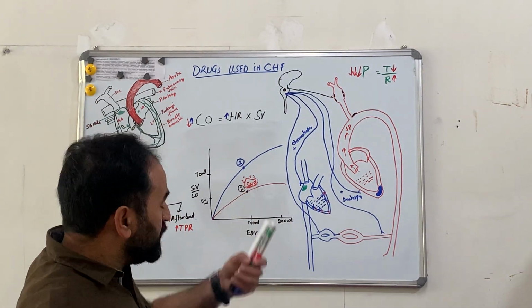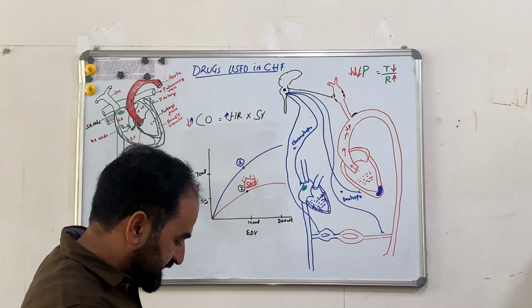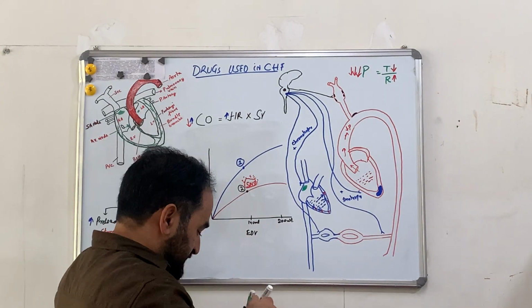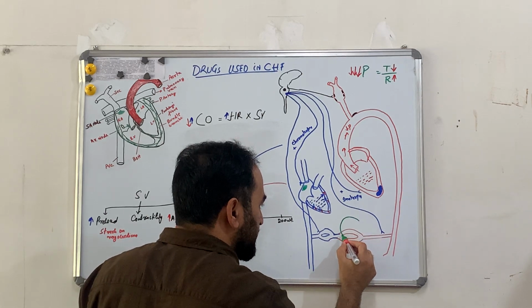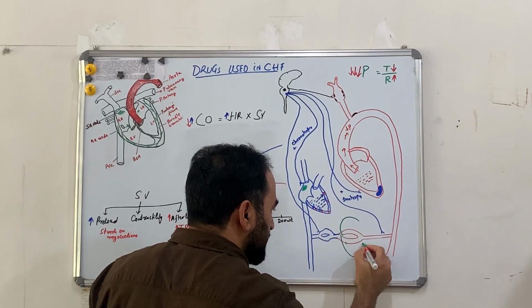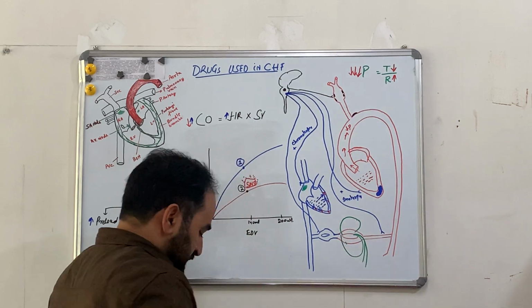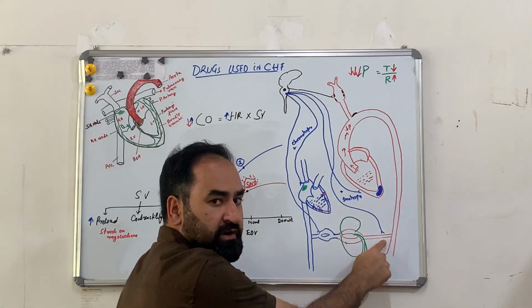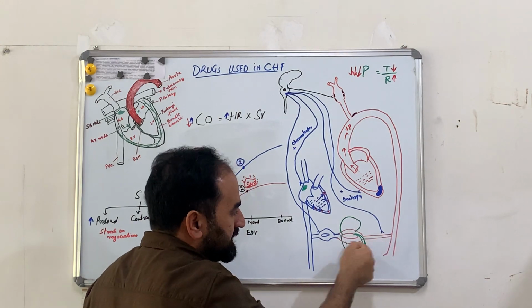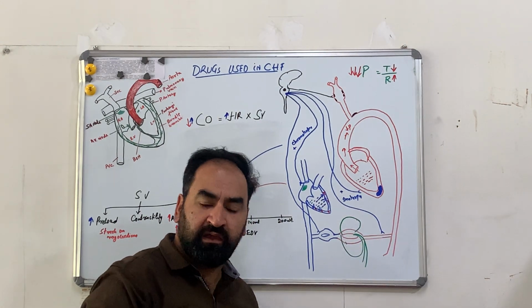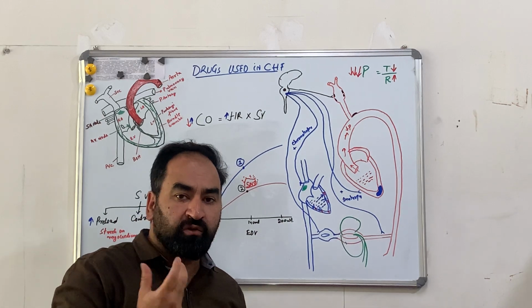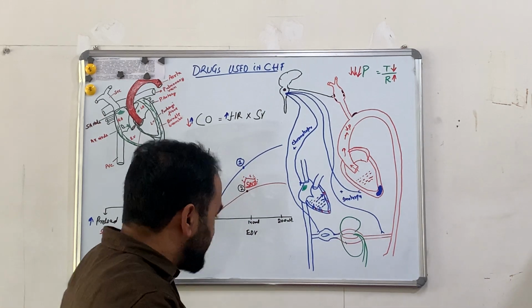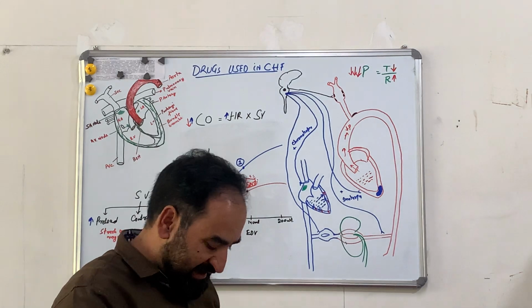Now, not only this. There is one important organ, say for example, this is your kidney. When there is arterial constriction, there is less perfusion to the kidney. When there is less perfusion, the JG cells secrete more and more renin.